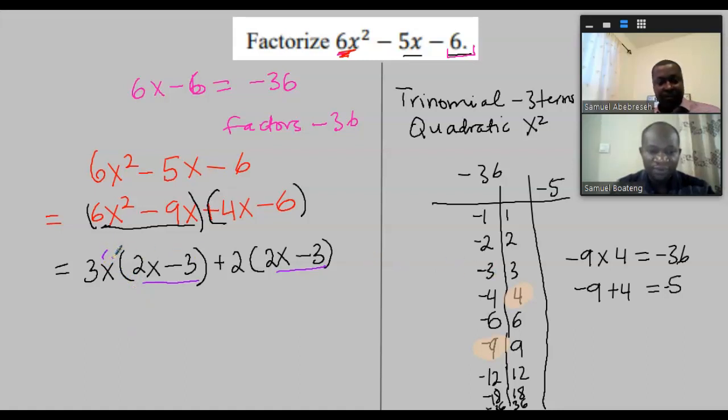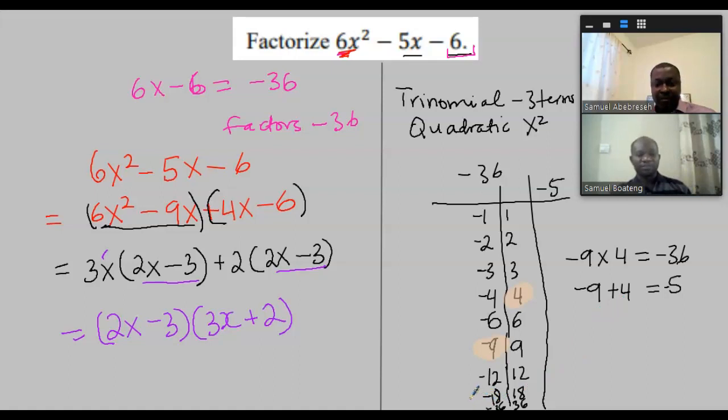So we bring 2x minus 3 out, then bracket 3x plus 2. Good. This gets you your maximum point.